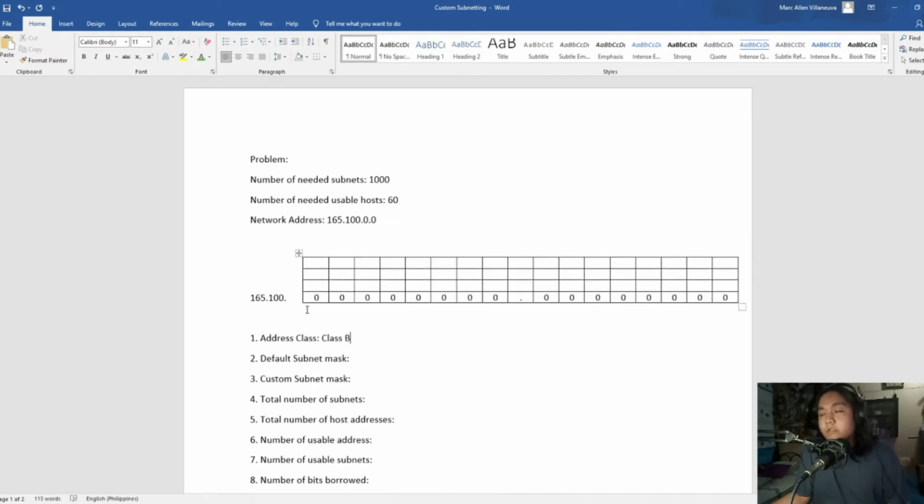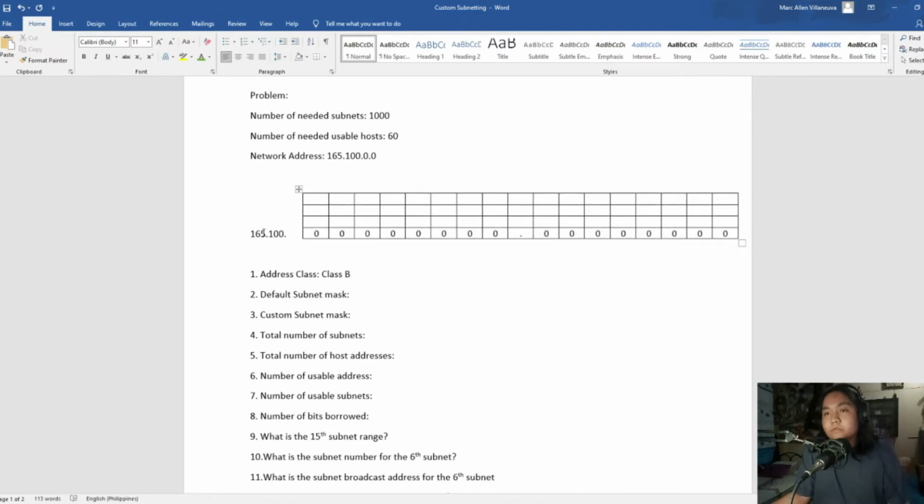So basically all we need to do is simply convert the two hosts into 8 bits each. So here we already converted our hosts into 16 bits in total, but 8 bits each per zero.